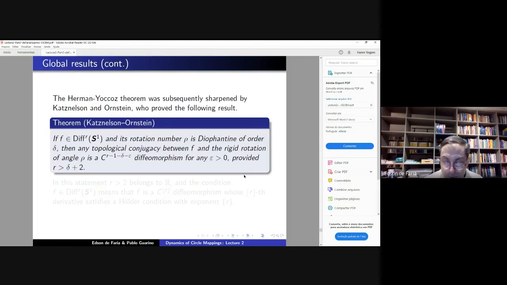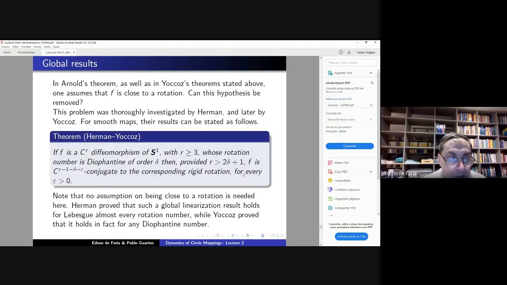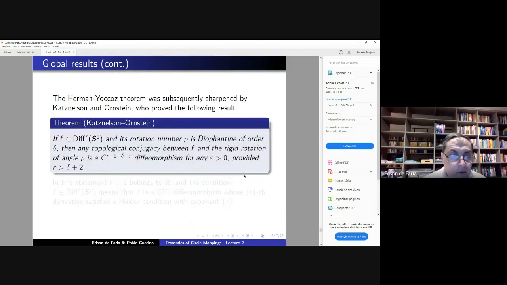And you also, as you can see here, the degree of smoothness of the conjugacy is the same, R minus 1 minus delta minus epsilon, okay? But now R has to be just slightly better than 2.